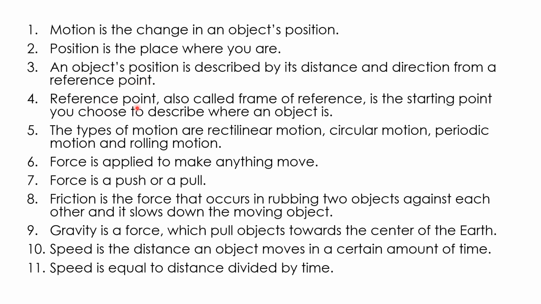So, reference point, also called frame of reference, is the starting point you choose to describe where an object is. The types of motion are rectilinear motion, circular motion, periodic motion, and the rolling motion.